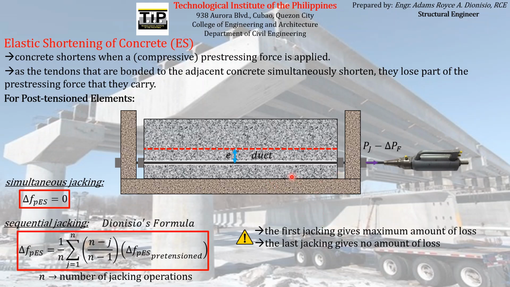And for the last tendon that will be jacked, you can expect that that particular tendon will experience actually no amount of loss due to elastic shortening of concrete. Later on, we will illustrate what we actually meant here.